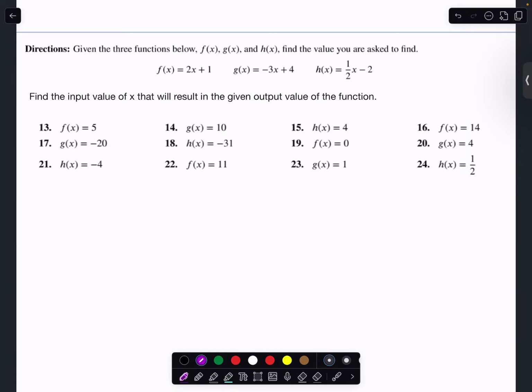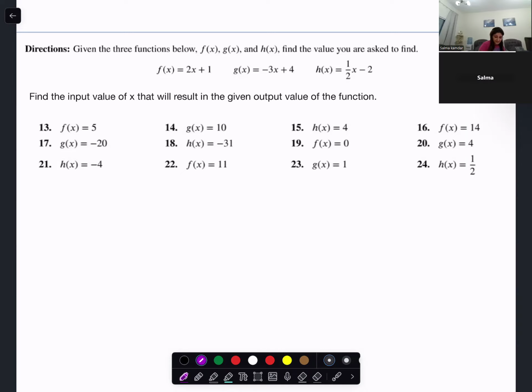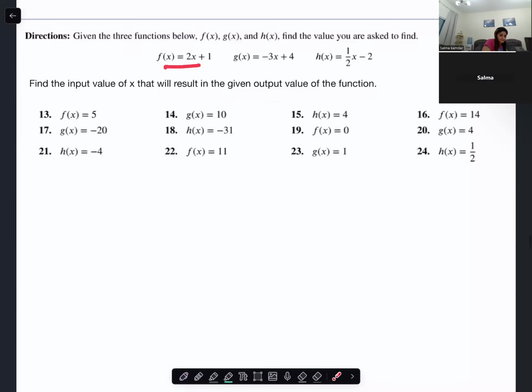Your next part of the question tells you that you have these functions, and they have also told you that the value of your function is 5. They want you to find the value of x. I'll do just one question for you.